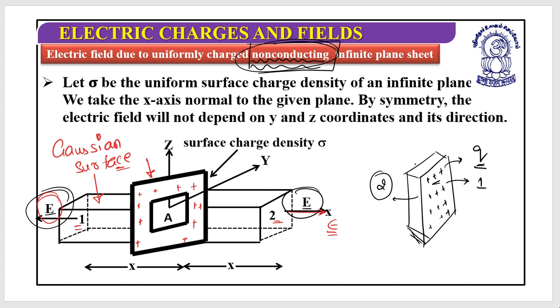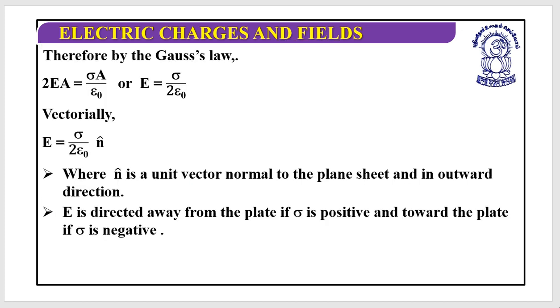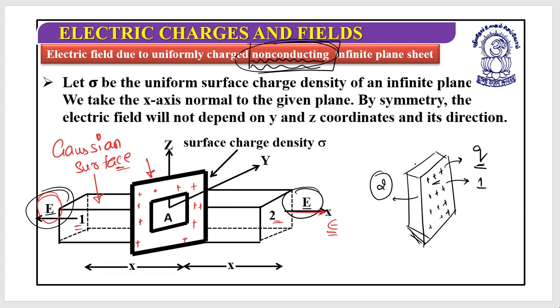Now I need to find the electric field due to this sheet. What should I do? According to Gauss law, flux is equal to q enclosed by epsilon naught, as well as flux is equal to E dot A. Here I have two surfaces. First is this.